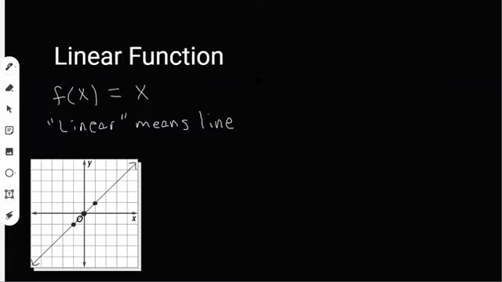Not necessarily a horizontal line or a vertical line. It is going to have some slope to it. So for this one, the slope is positive 1. But you could edit this function, right?